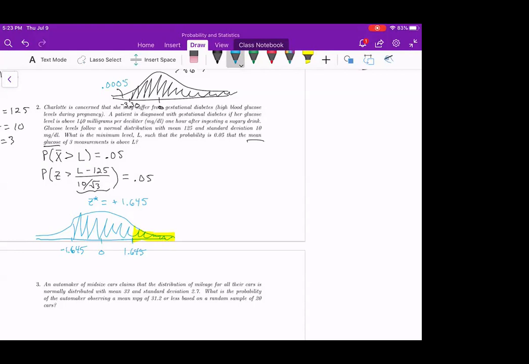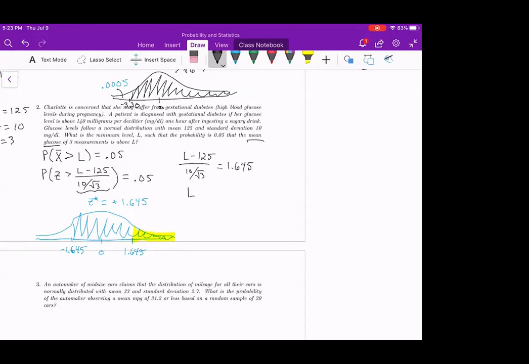So now, from this point, we're saying that this ratio that I've got for the z-score needs to be 1.645. So set (L minus 125) over (10 over root 3) equal to that z-score value.